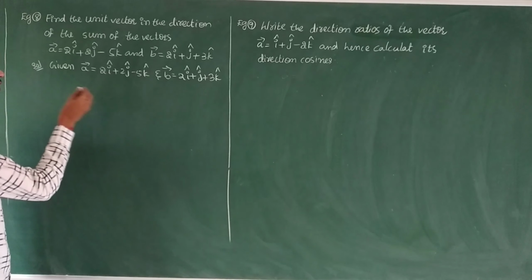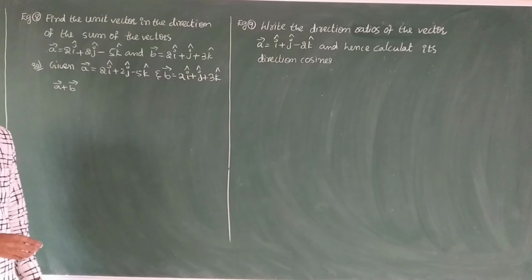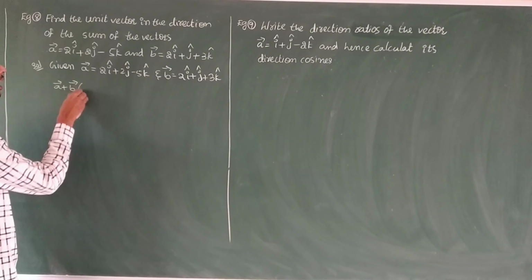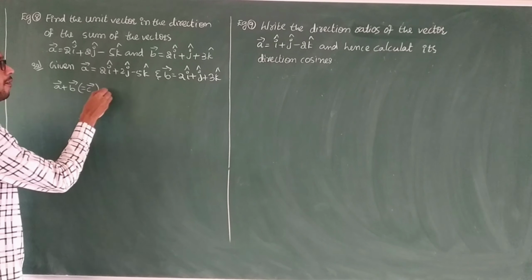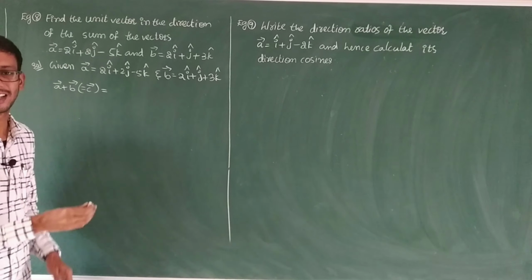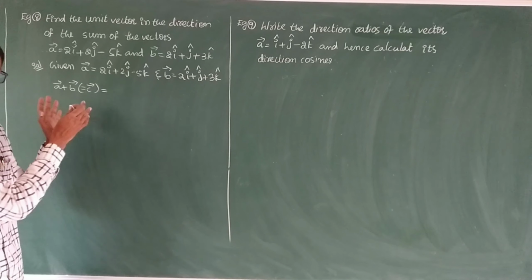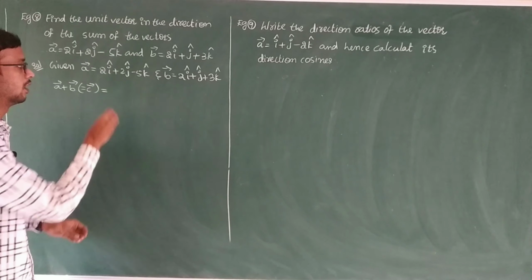Now the sum of the two vectors, A bar plus B bar. I am taking this sum as C bar, only for ease of writing. Otherwise I can leave it as A bar plus B bar, no problem.